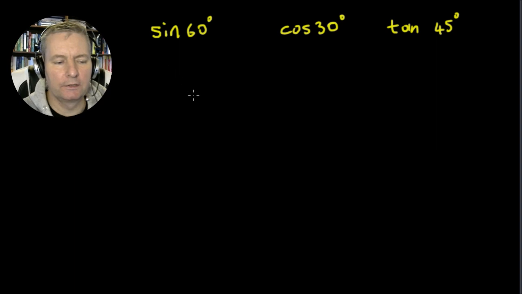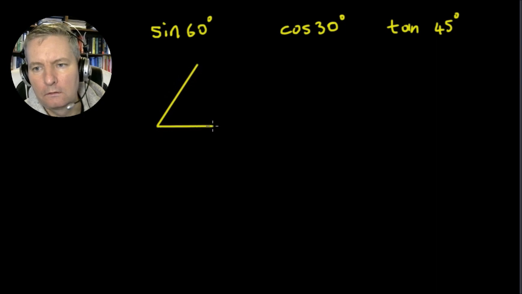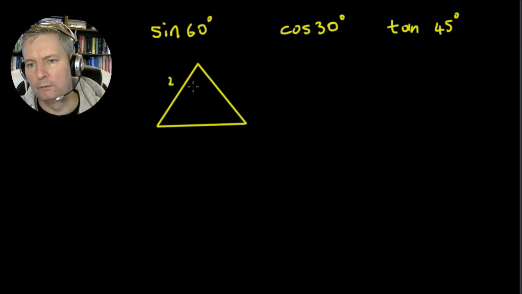So if we're looking at the sine of 60 degrees, we can draw our little triangle, and our sides are all going to be equal, length 2, so that's going to be 2, 2 and 2.